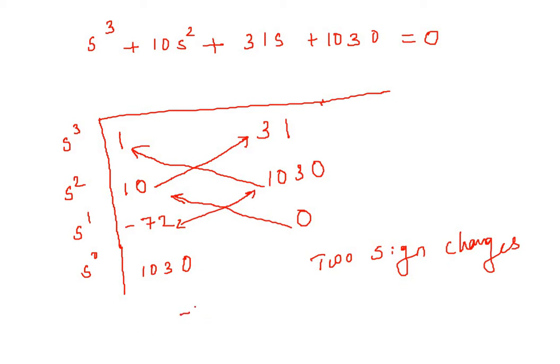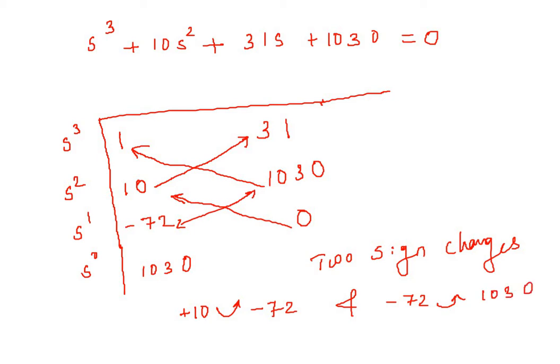They are from plus 10 to minus 72, and from minus 72 to 1030.